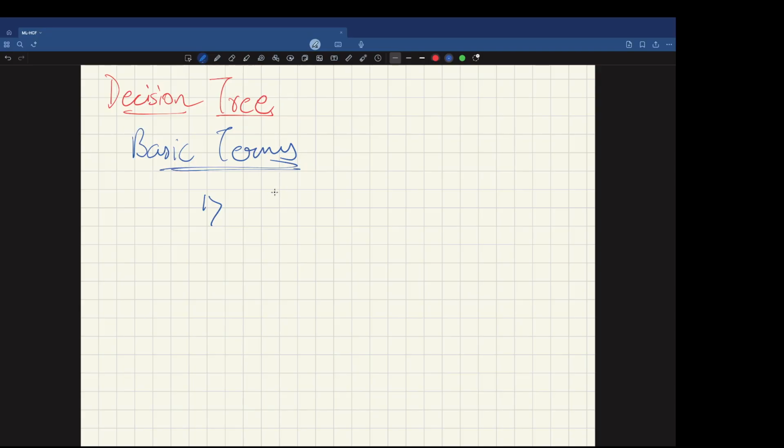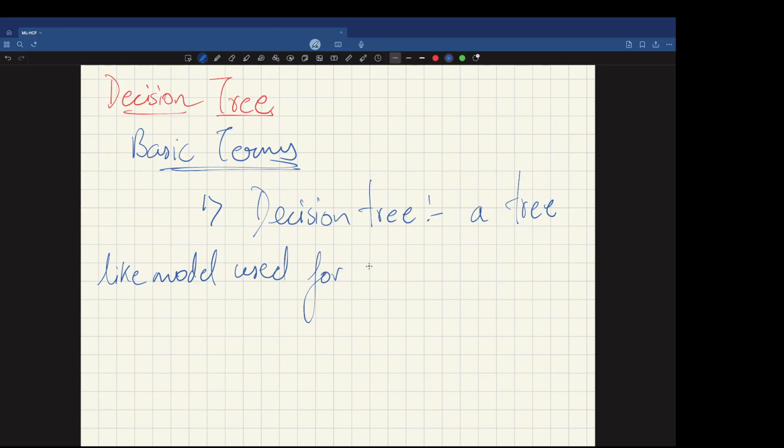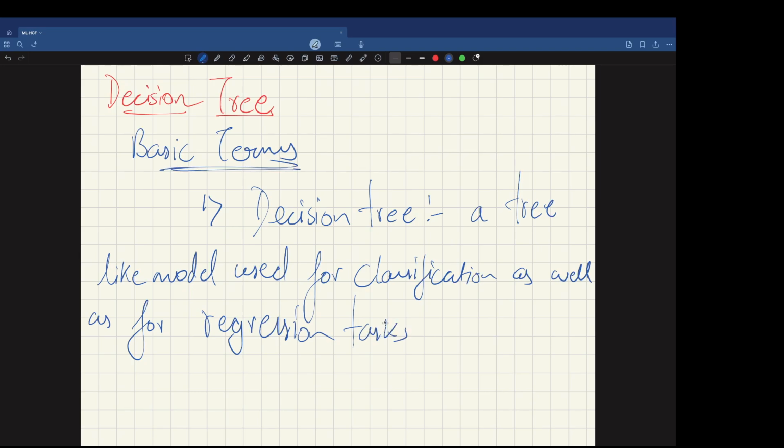First, decision tree itself. So you can write: a decision tree is a tree-like model used for classification as well as regression tasks, right?